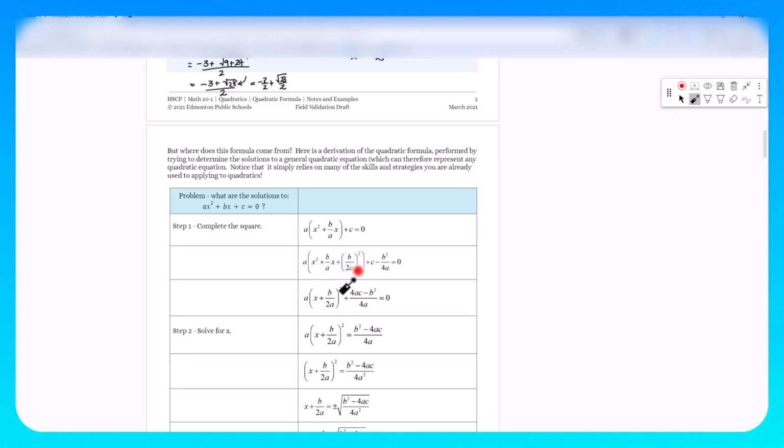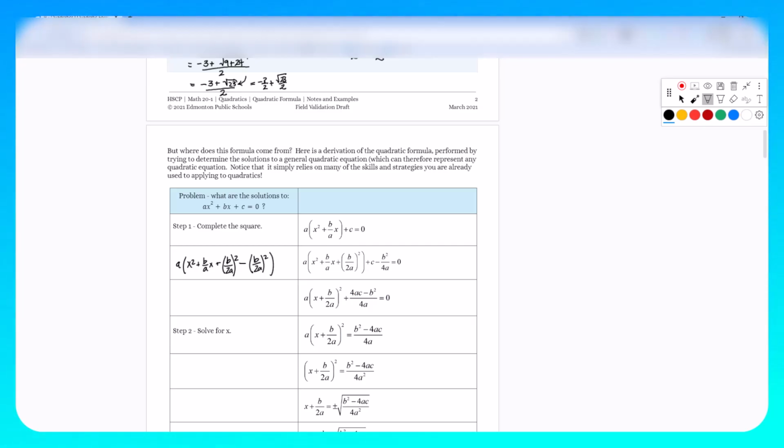They've skipped a couple of steps here. If this step were shown, we would have x squared plus b over a x, plus b over 2a squared, minus b over 2a squared.